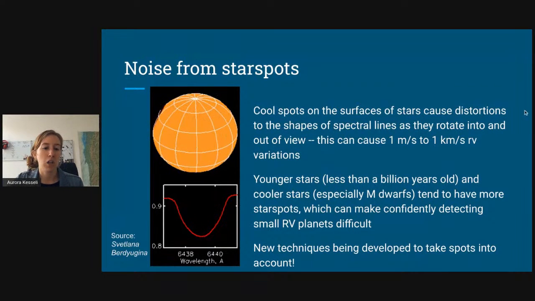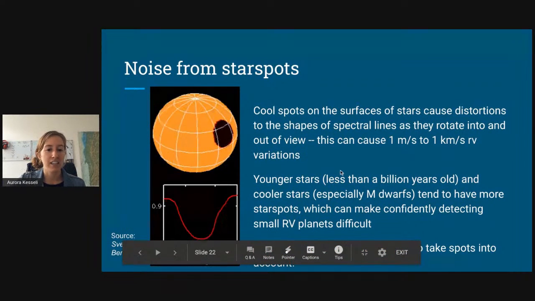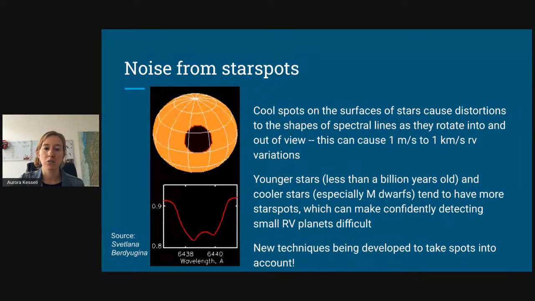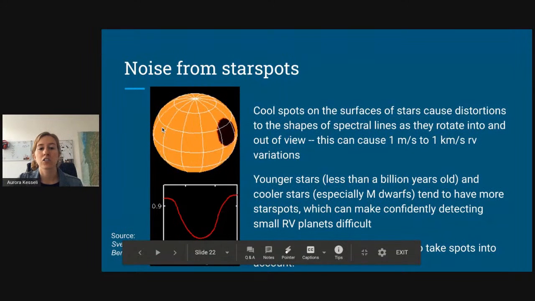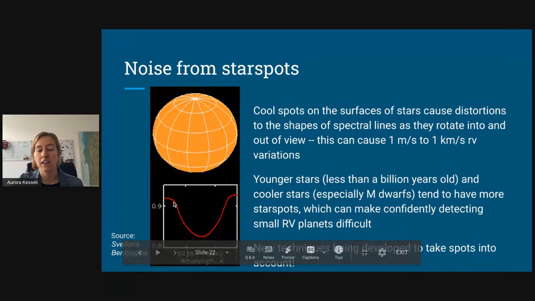And this plot here, I thought is really nice. It basically shows what happens as a star spot moves into your line of sight and moves away from your line of sight. So on the bottom, this is a model of what a single absorption line would look like. And as the star spot moves into our line of sight, we get less flux on the blue side of the absorption line.